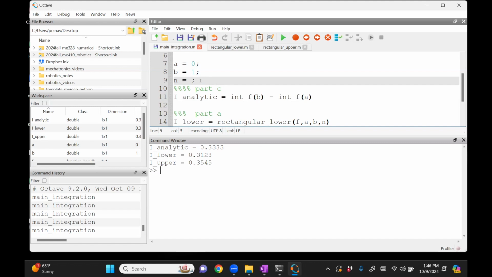Let's try 100. Quite close. And then we can go 1,000. Yeah, that's about there. It took n equals 1,000 to get about 2 decimal place accuracy. It's not a very accurate method.